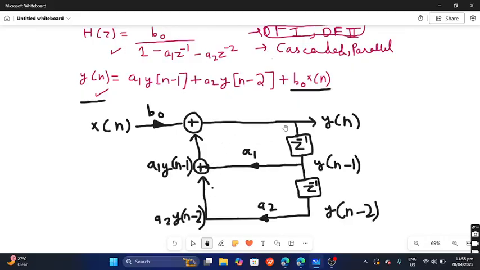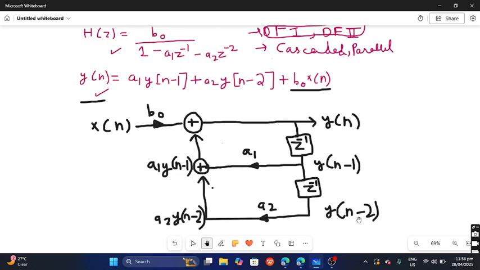I hope you can understand. See this equation: we have input x n multiplied with b naught, then it is getting added, we applied an addition sum and make a straight line till y of n. In y of n there is a delay, y of n minus 1. Here it is getting multiplied with a1 and it goes here.